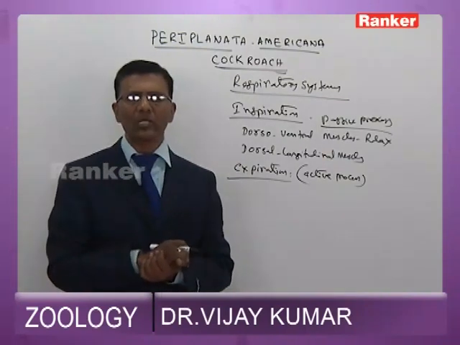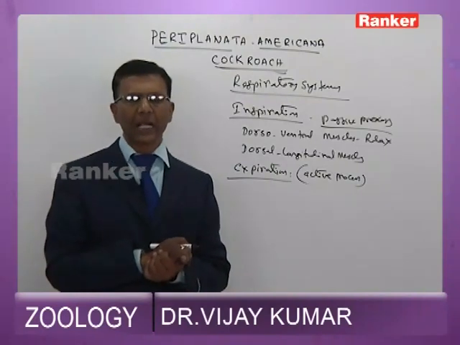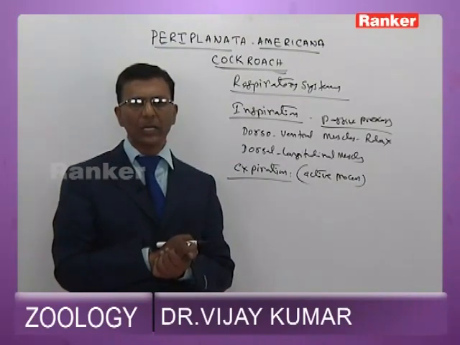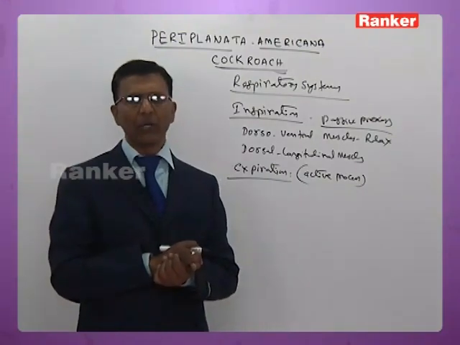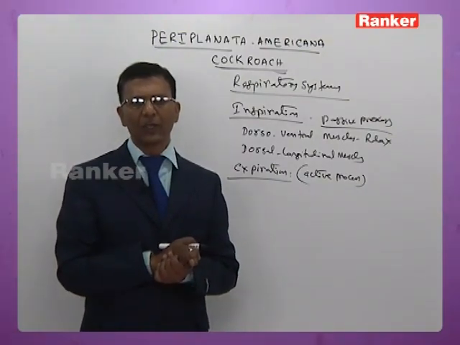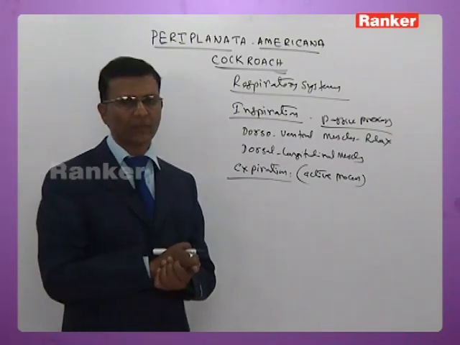The opening and closing of spiracles is under the control of CO2 and O2 tension. However, the respiratory movements are under the control of motor neurons of the subesophageal ganglia.